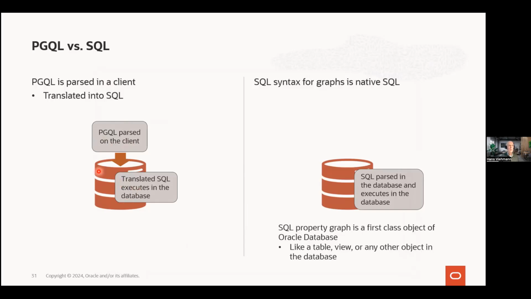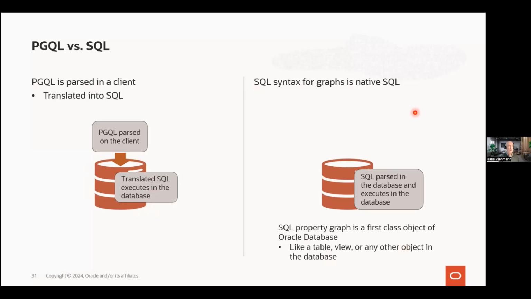That would be the model which works on database 12.2 and above, if you don't have the graph server installed. So you can use PGQL natively on the database, even without graph server installed. And the way this works is it'll do the translation in the client.